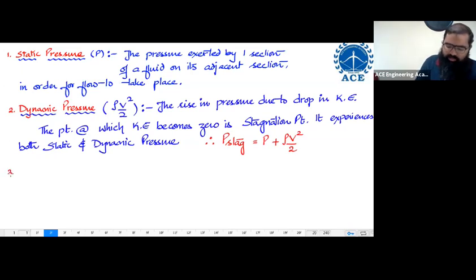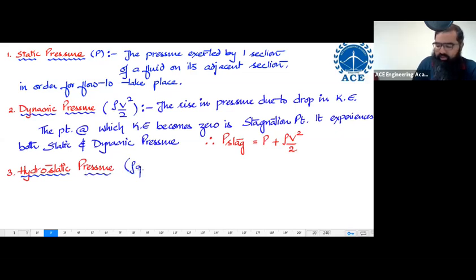The third type of pressure we have is known as hydrostatic pressure. This hydrostatic pressure is represented by rho g z.